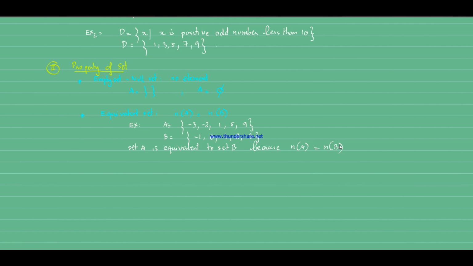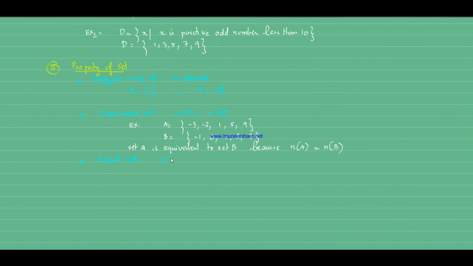Now, what if I have two sets where the elements are the same? If all elements are common between two sets, then we call them equal sets.